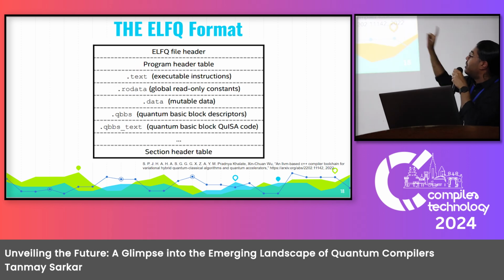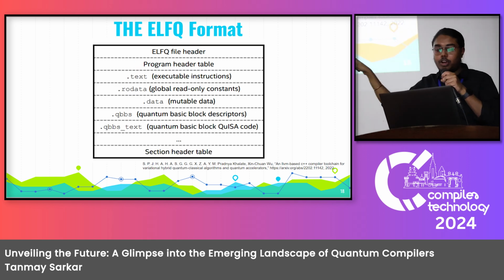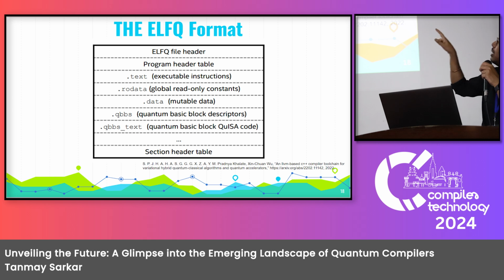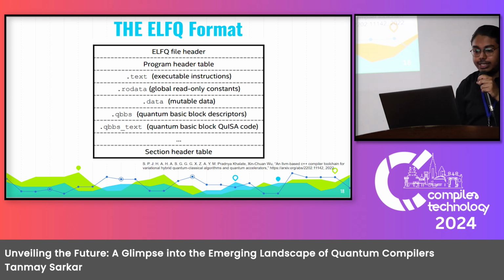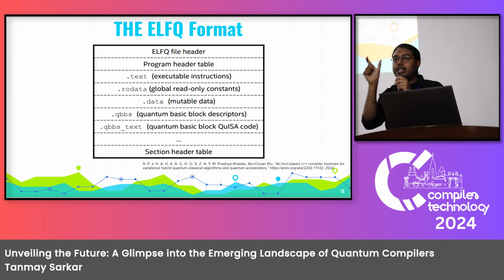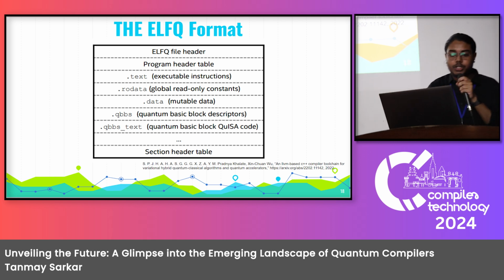I just want to take one minute to explain this ELFQ format, executable linkable format quantum. Here they have introduced two sections, QBBS, the quantum basic block section, and this one. QBBS text should have the compiled binary code of your quantum kernel stored here.